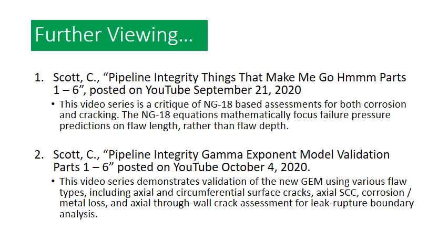If you're as boring as me and you're interested in this kind of stuff, you might want to see some of my other videos, the pipeline integrity series, "Things That Make Me Go" parts 1 to 6. That's basically a video series where I critique the NG18 based assessments for corrosion and for cracking. And as I mentioned earlier, the NG18 equations essentially mathematically focus the failure pressure predictions on the flaw length rather than the flaw depth.